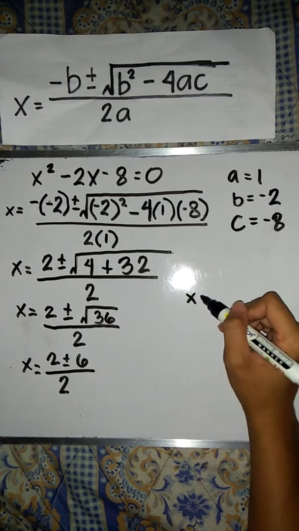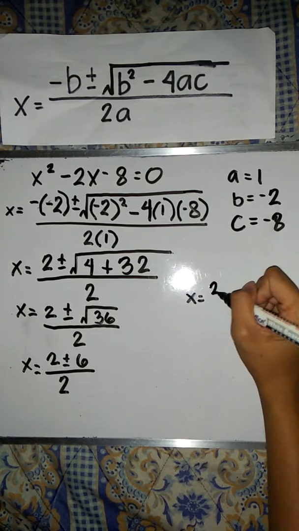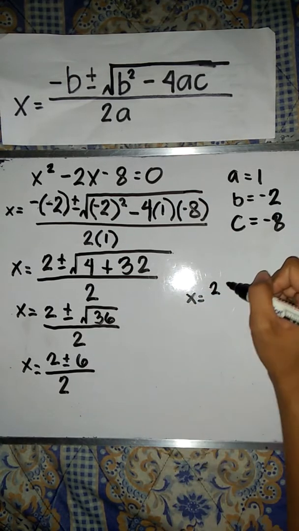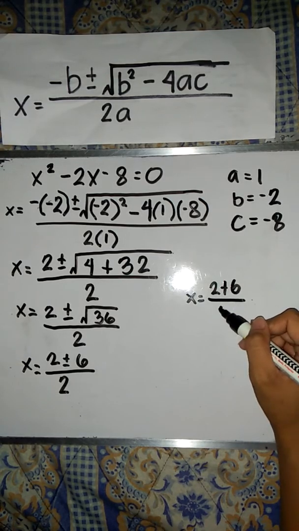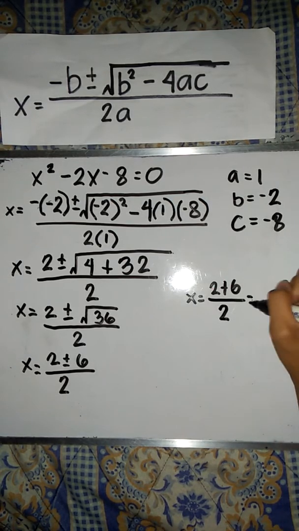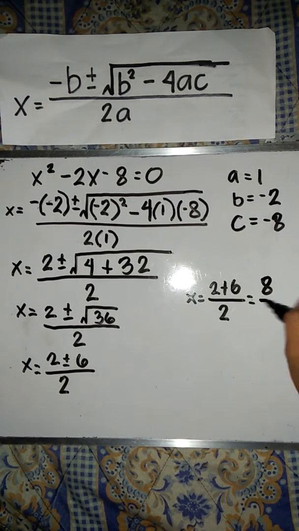So x is equal to 2 plus 6 all over 2. 2 plus 6 is 8. So 8 over 2. 8 divided by 2 is 4.